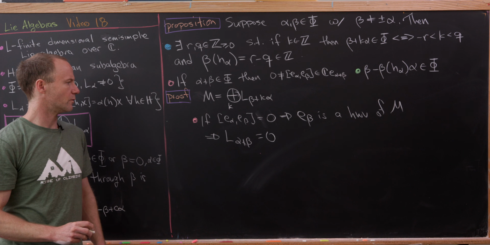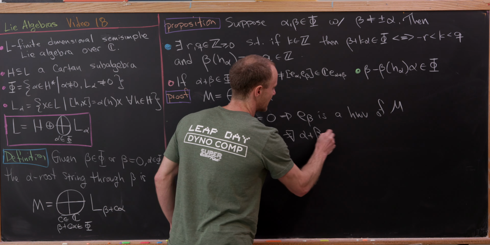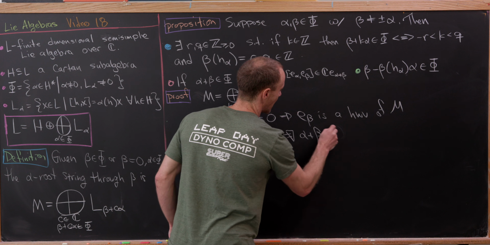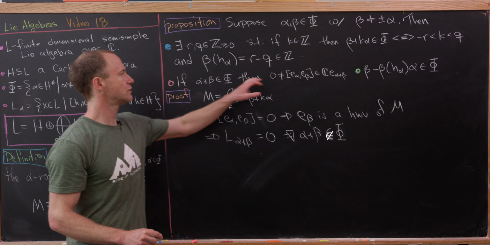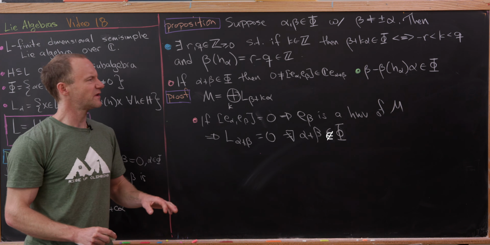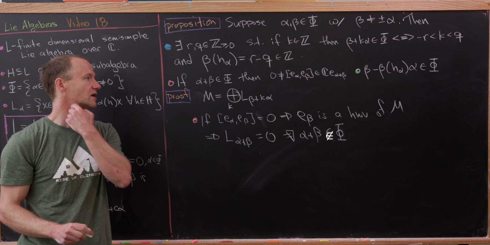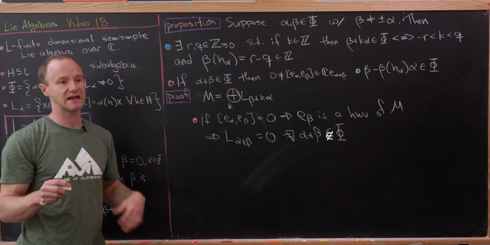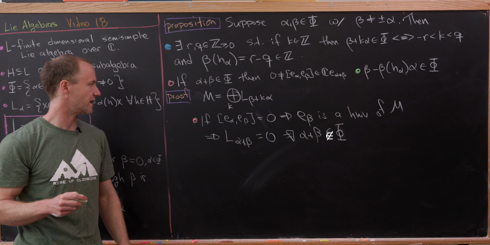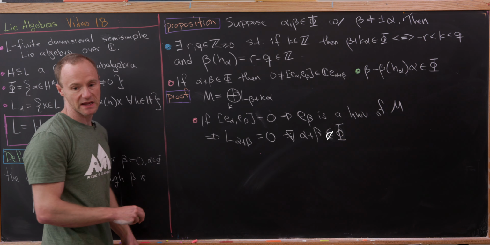Oh, but what does that mean? Well, that means that alpha plus beta is not a root. Okay, so that proves the non-zero-ness of this statement. But then how do we know that we're going to get a constant multiple of E alpha plus beta? Well, that follows from the fact that each of the root spaces is one-dimensional. Okay, so that's good. That finishes this pink dot.